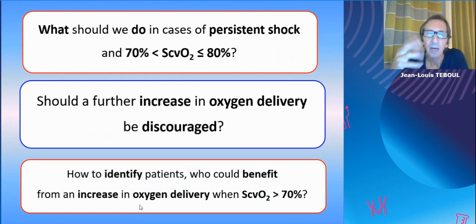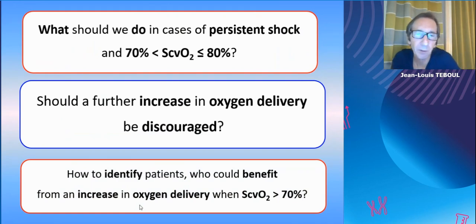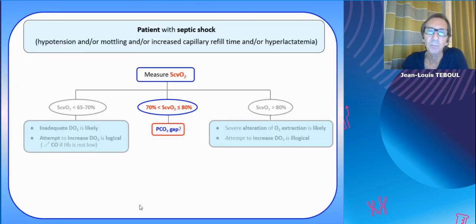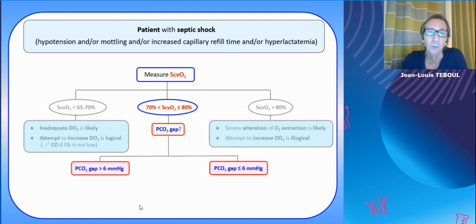How to identify these kinds of patients who could benefit from an increase in oxygen delivery when ScvO2 is in the normal range? One good way to do it is to look at PCO2 gap. PCO2 gap is the difference between the PCO2 in the central vein, from the central venous catheter, and PCO2 in an artery obtained from an arterial line. So we have two situations: high PCO2 gap, higher than 6, or PCO2 gap lower than 6, normal value.